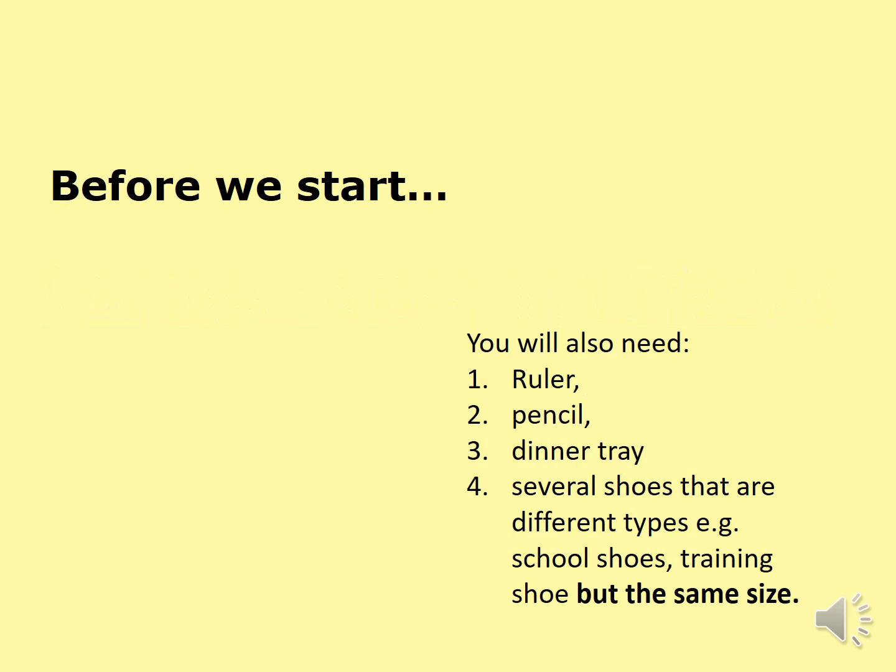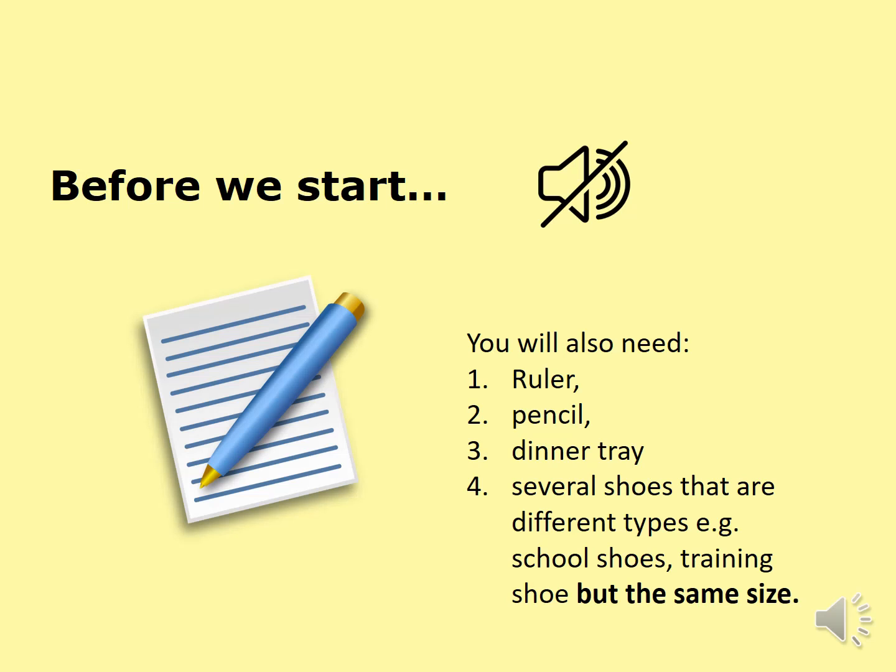Now you're going to need to get some equipment for today's lesson, so you may need to pause this presentation at this point to be able to do this. First of all, you need to make sure you're somewhere that is quiet, free from distractions if you can find that. And you will need a pen and paper.